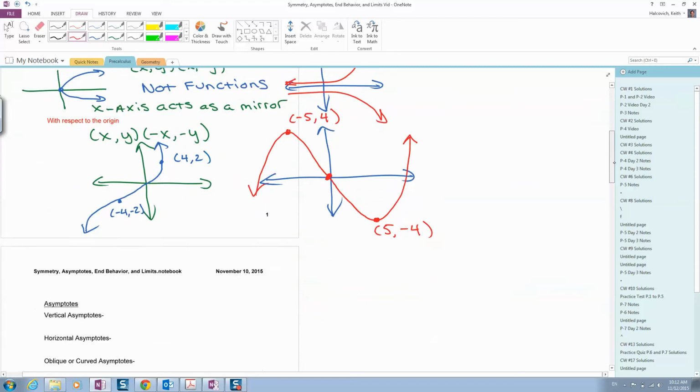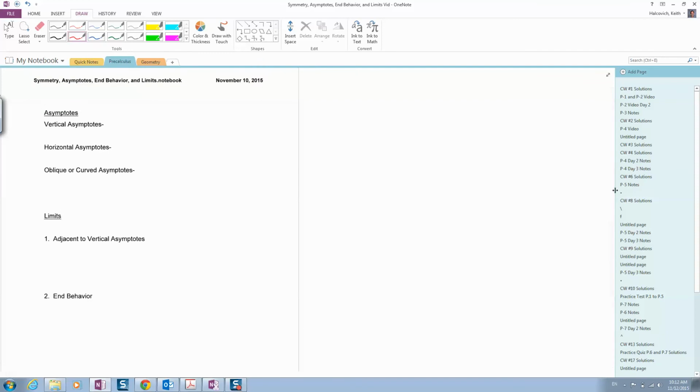All right, the next thing we're going to talk about are asymptotes. There are three types of asymptotes that we're going to look at. The first one is a vertical asymptote. Vertical asymptotes are x equals a number. They never can be crossed.